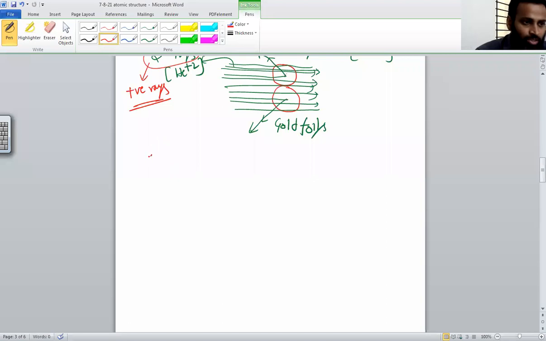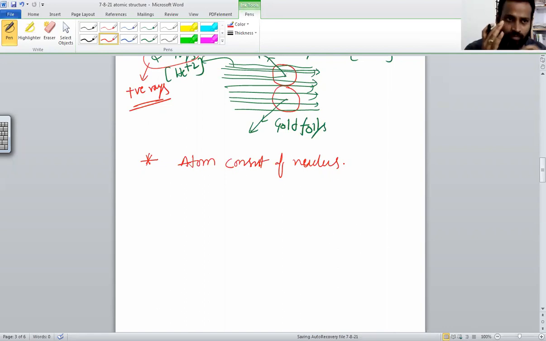So what he said, the first point: atom consists of nucleus. How did he say the atom consists of a nucleus? Because he sent positive rays, but the rays which touch the center of that gold foil come back.